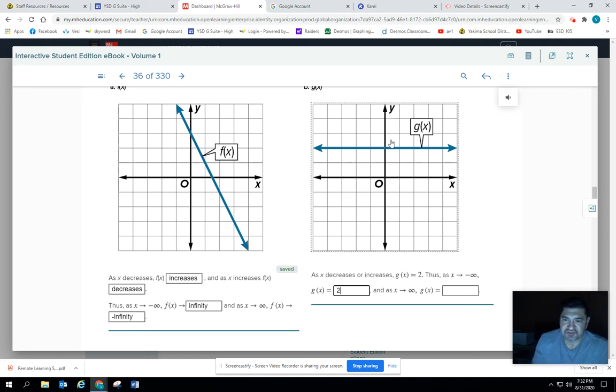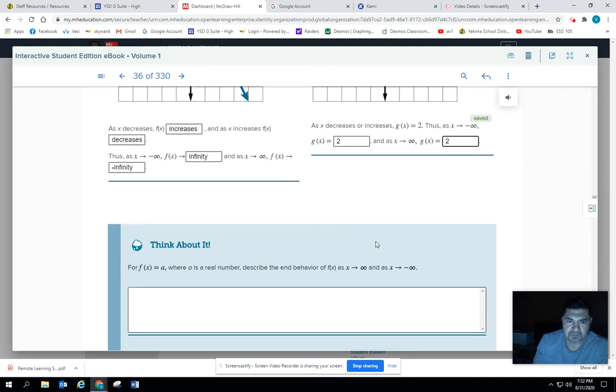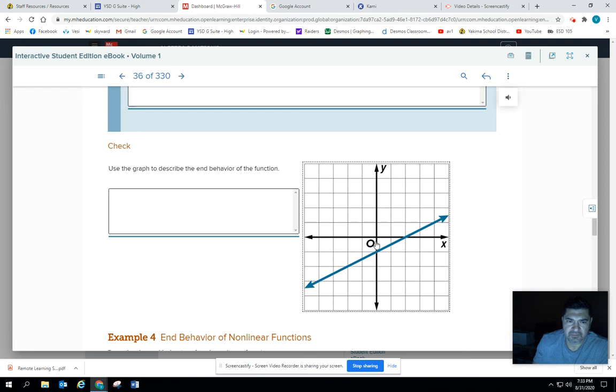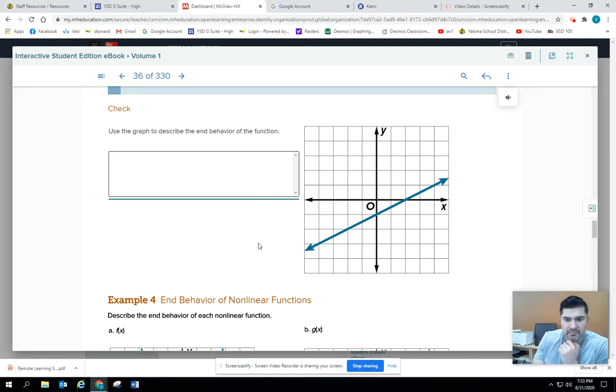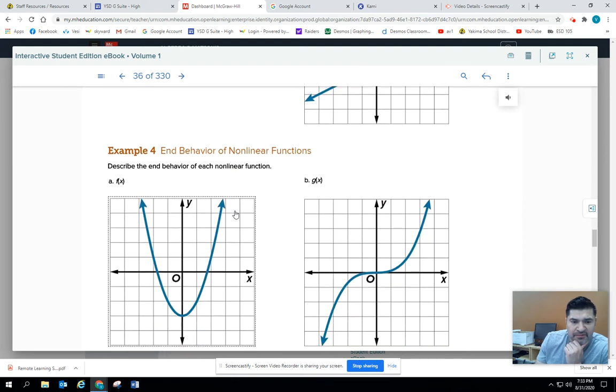And as x approaches infinity, again, our function is still going to stay at this level, which is 2. And I think I'm going to let you guys go ahead and do those on your own.